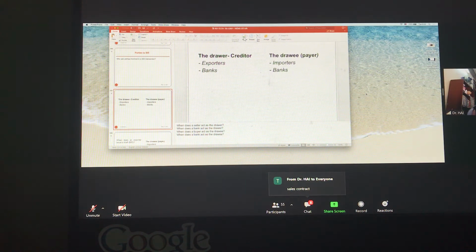And so now, sorry, it depends on the second factor, the sales contract and/or LC. Look at the chart. LC stands for letter of credit.